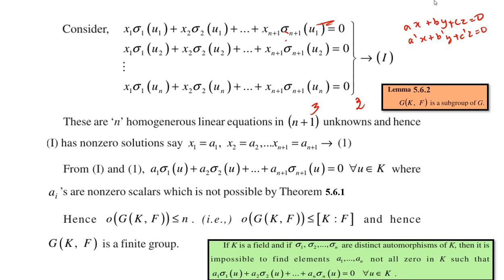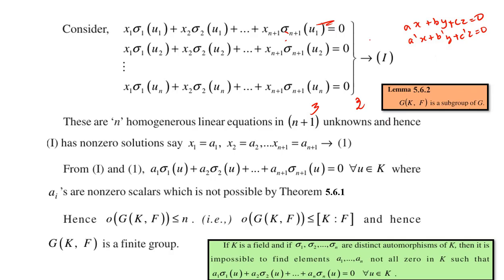Non-zero solution means some of them can be 0 but not all of them are 0. So x1 equals a1, x2 equals a2, and so on. Like this we have a homogeneous equation in n unknowns.